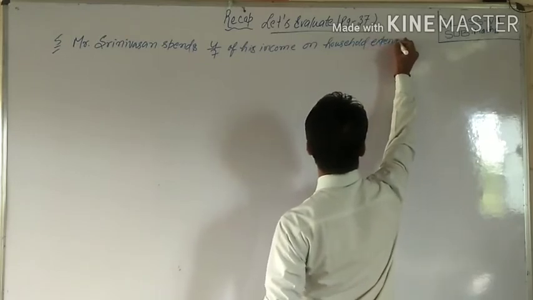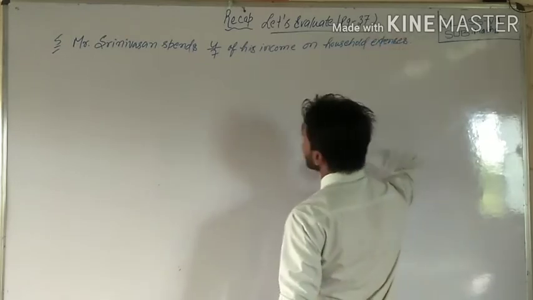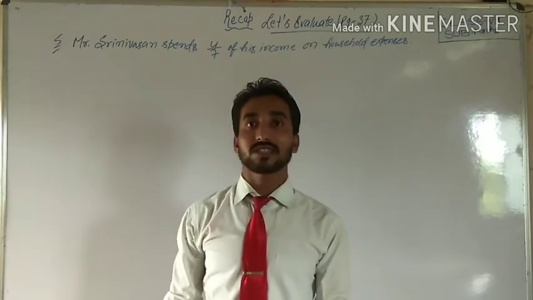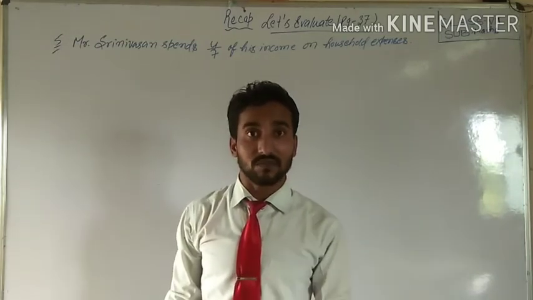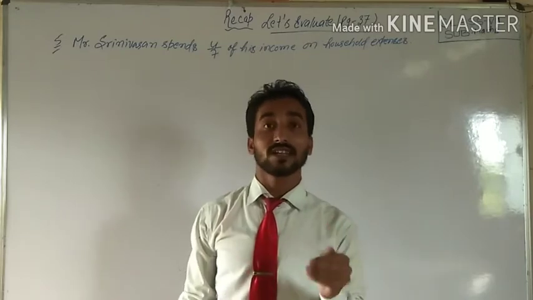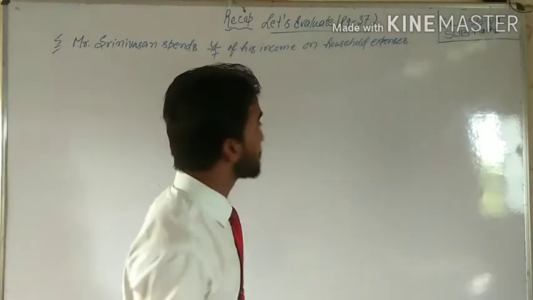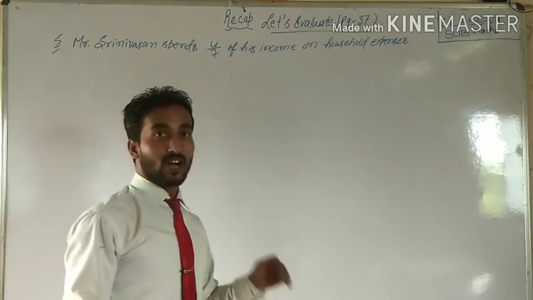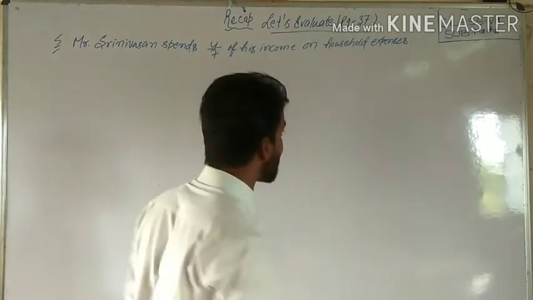Okay students, see the question. Srinivasan is a person who spends 4/7 of his income on his household expenses. Household expenses means daily life, how they are surviving daily life.